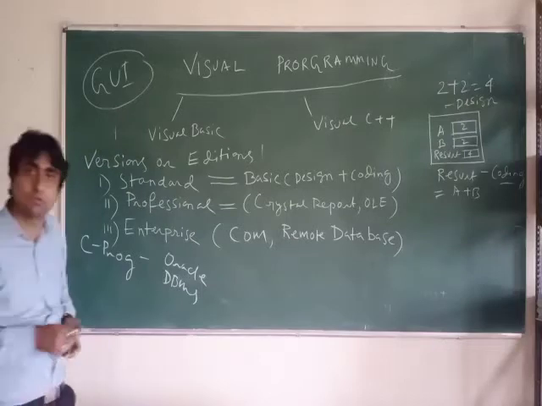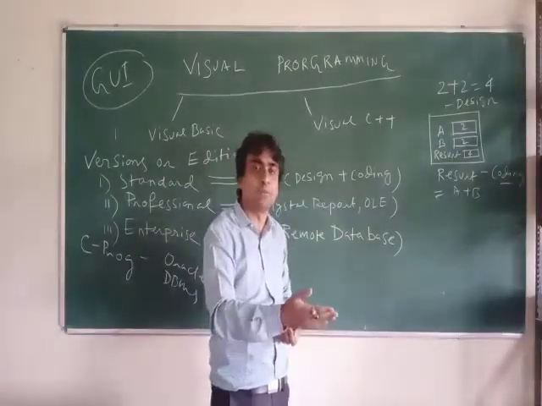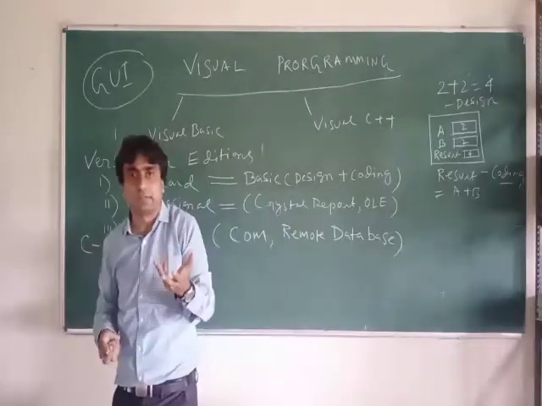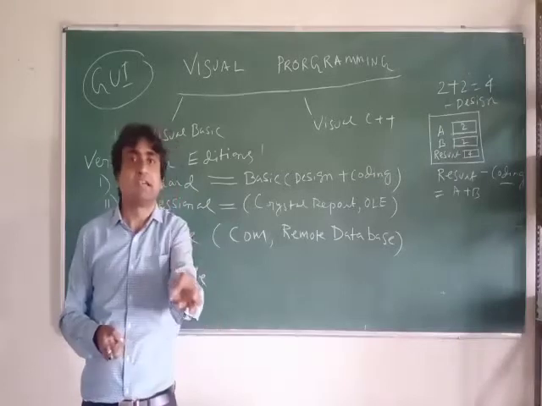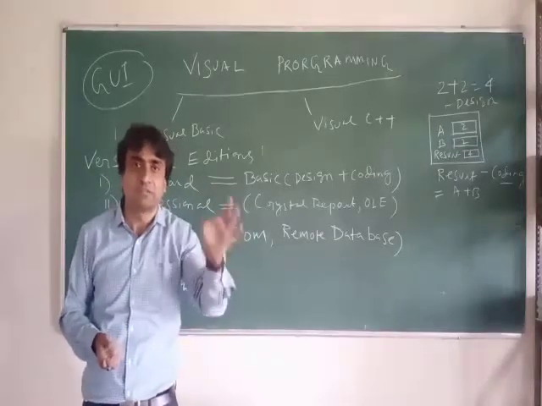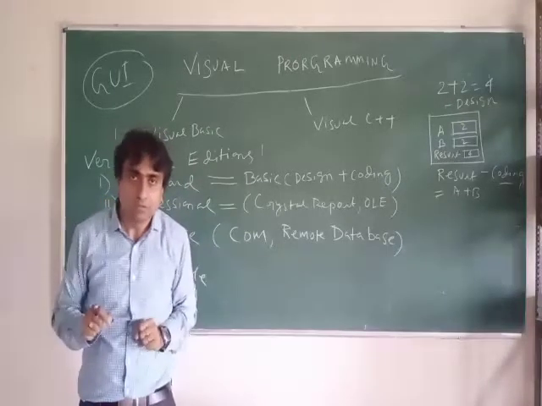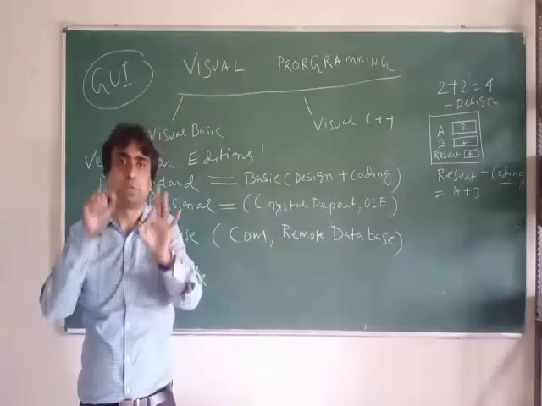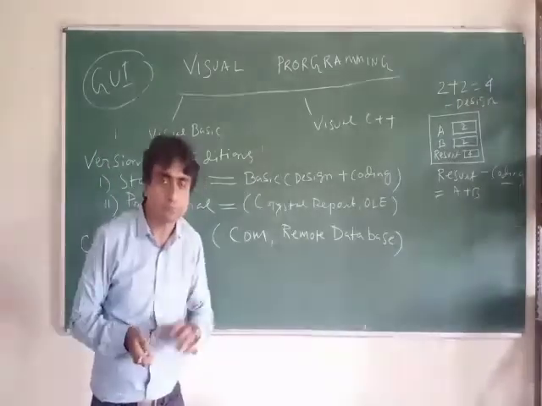Even in a computer, whether desktop or laptop, everything is based on icons. My Computer is an icon, Recycle Bin is an icon, C drive, D drive, E drive, everything is an icon, everything is visible for you, and everything is nothing but GUI, graphical user interface.